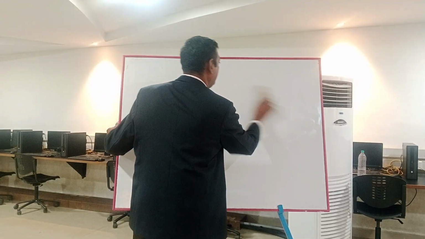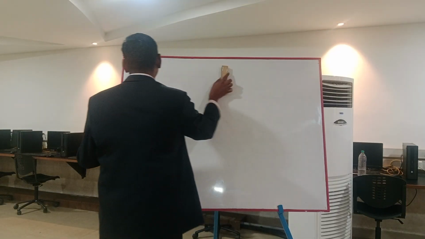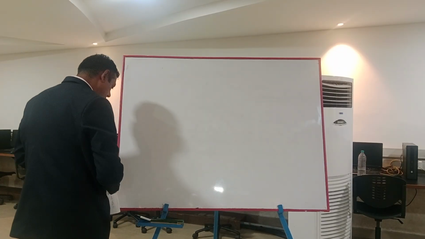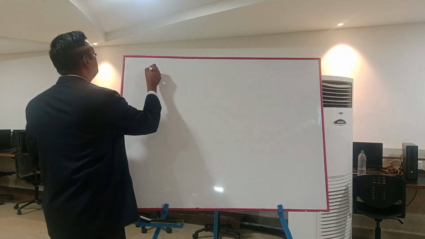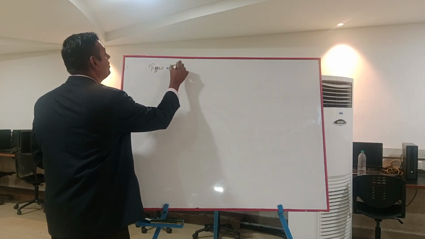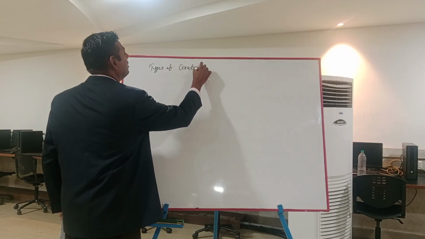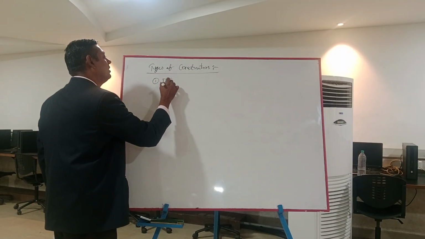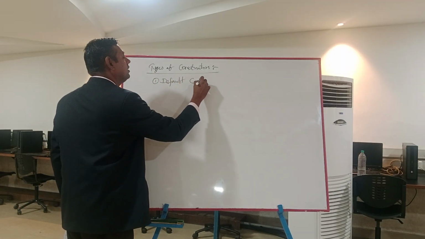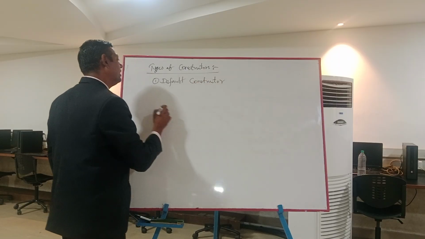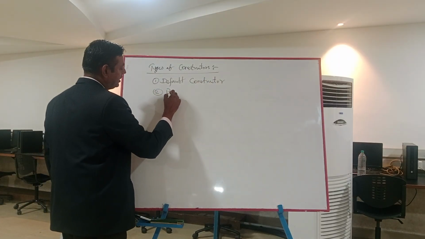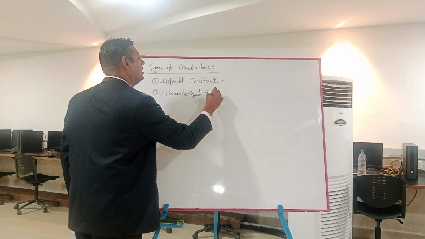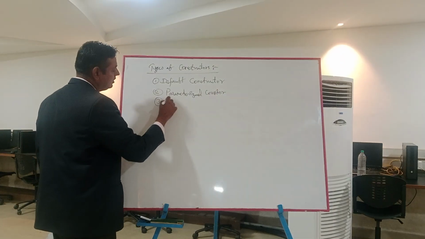Basically there are three important types of constructors. The first type is called the default constructor, the second type is called the parameterized constructor, and the third type is called the copy constructor.